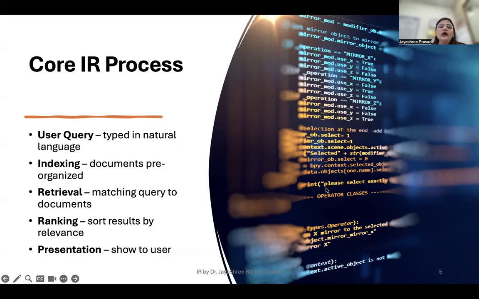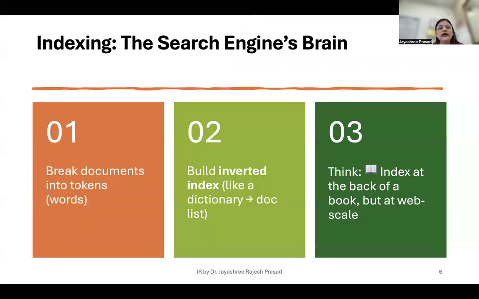So the core IR process involves: the user query, which is typed in natural language; indexing, where the documents are pre-organized; retrieval, matching the query to the documents; ranking, which sorts the results by relevance; and presentation, showing them to the user. So indexing is the search engine's brain.